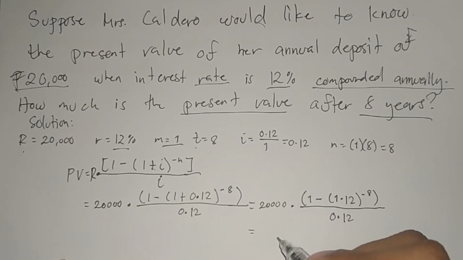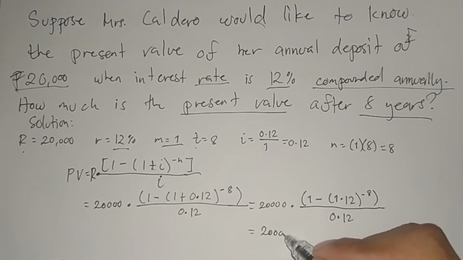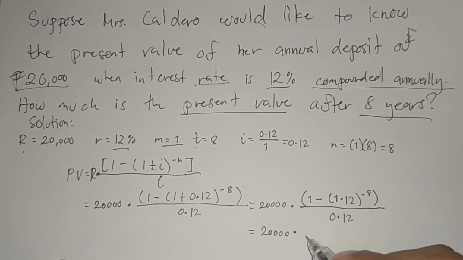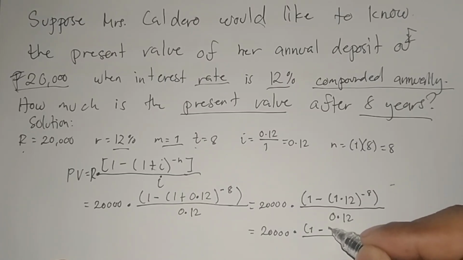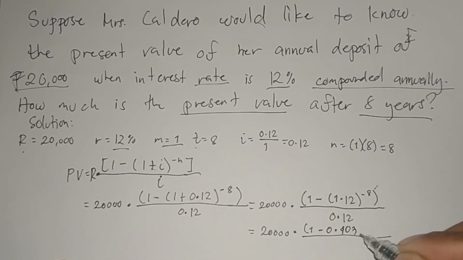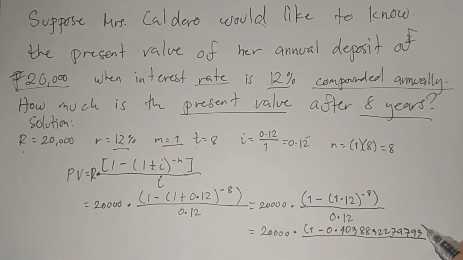After addition is exponent, so copy again the 20,000, copy the 1. Okay, so 1.12 raised to negative 8 is 0.4038832279793.